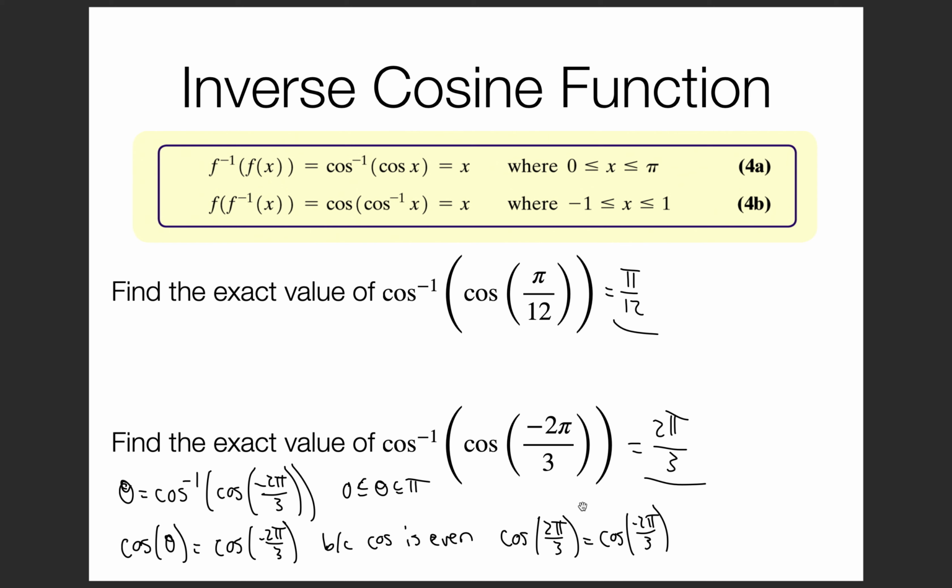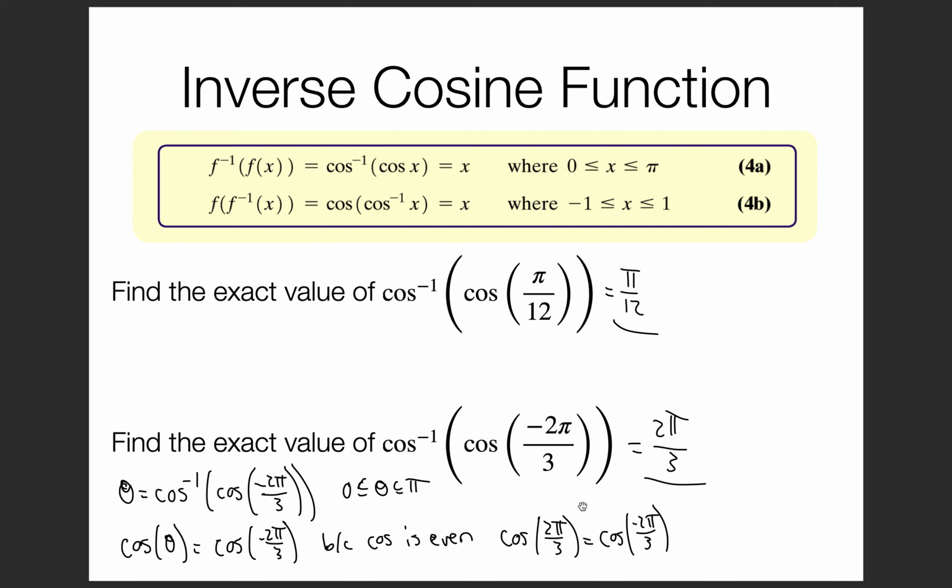It used to be it had to be between negative pi over 2 and pi over 2 for sine, but now, of course, it's a little different for cosine, 0 to pi. And then the other way works the exact same as it did the last time. With sine, the cosine of cosine inverse of x is equal to x when x is between negative 1 and 1.